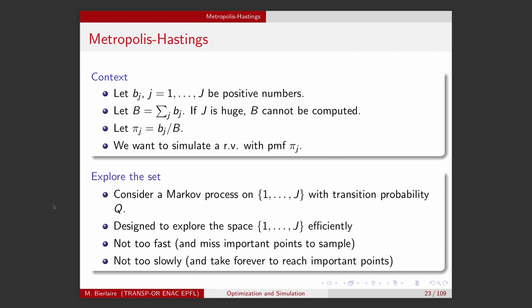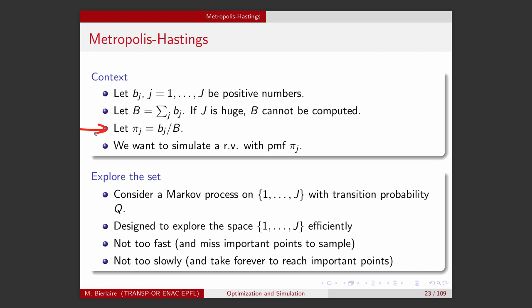Okay, so let's look at the context first. So we want to draw from a complex distribution. What do we mean by complex? The target probability is defined as the ratio between Bj and capital B, and as we saw in the example, capital B in general cannot be calculated.